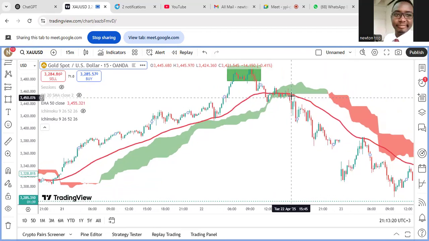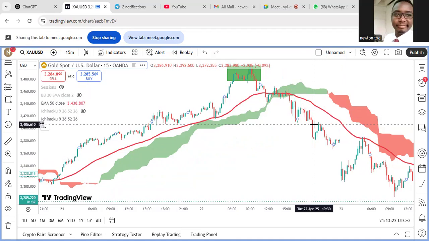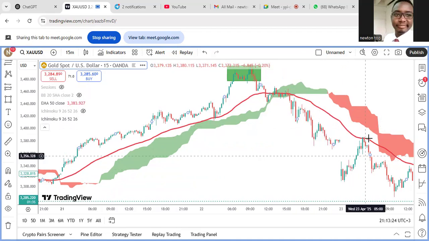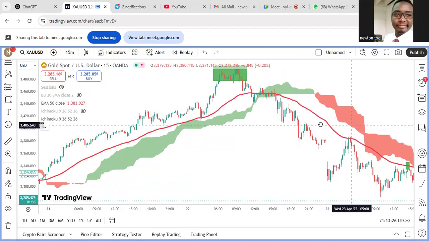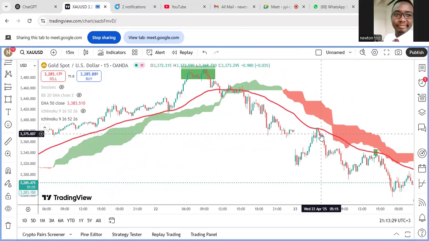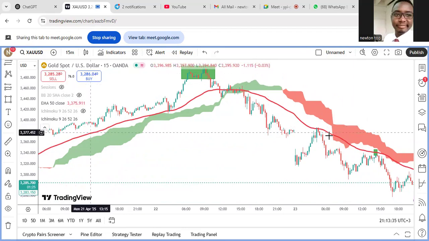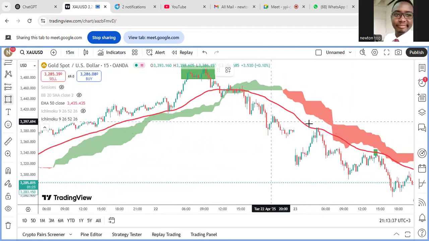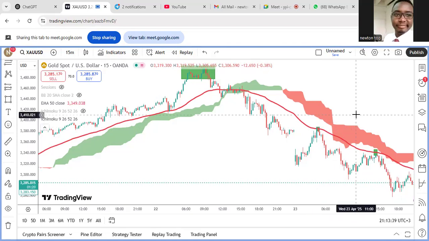Then next week unaona market imebreak below the cloud, imebounce kwa cloud, imebounce kwa moving average. You are not there to trade because we moved to another system. Unaenda kwa Ichimoku. So ukamiss this entry and this entry. Then again next week I'm going back to Ichimoku again. So that cycle going back.